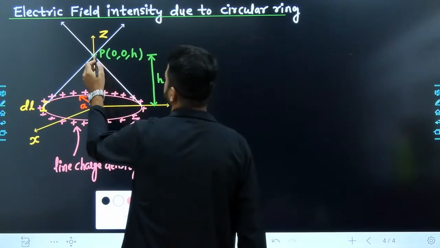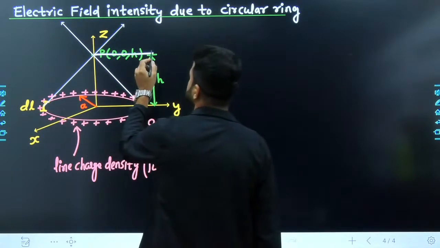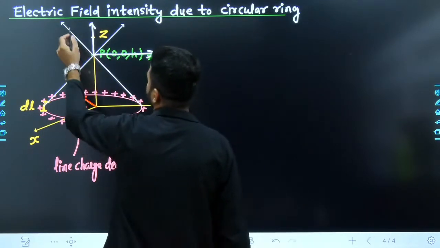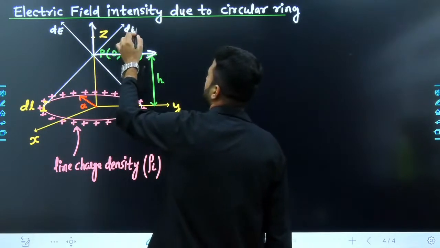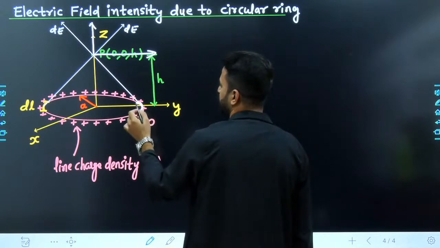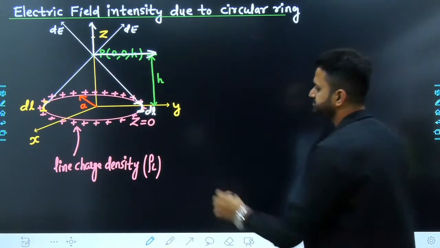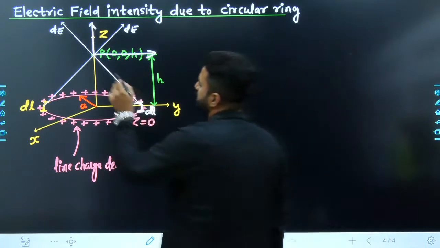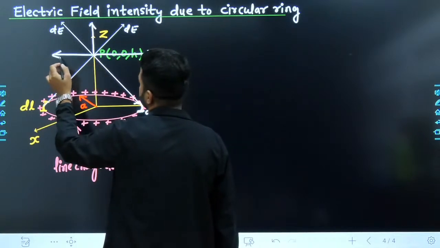So when we divide it into components, the electric field will go in this direction and this direction, and this is dE, and this is also dE, because this is because of that small portion dl. If it is dl, the electric field because of this dl will be in the z direction and in the radial direction.